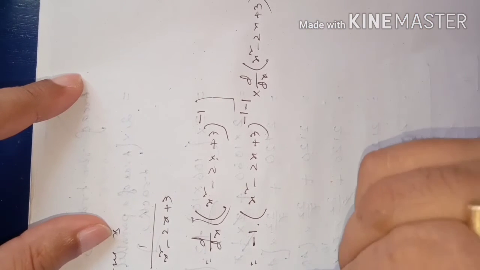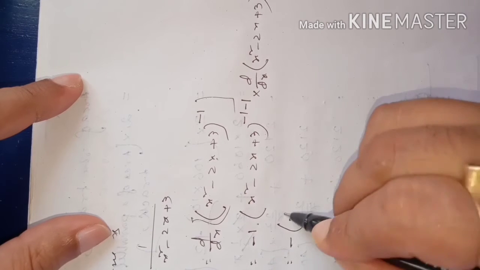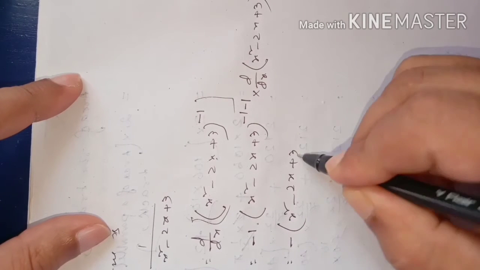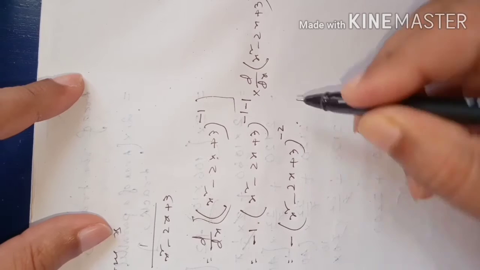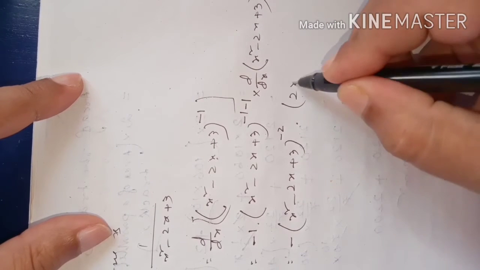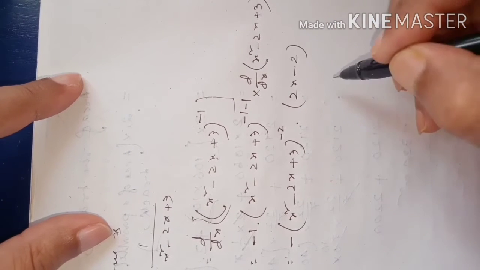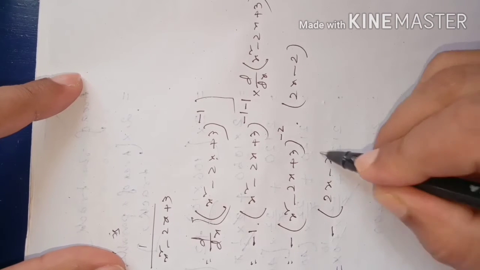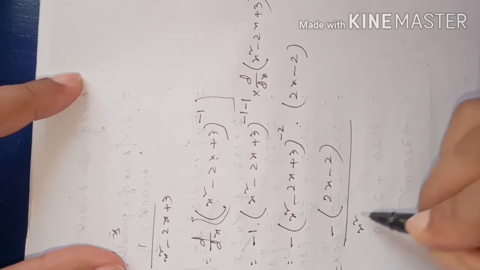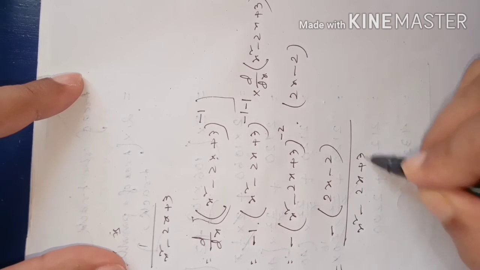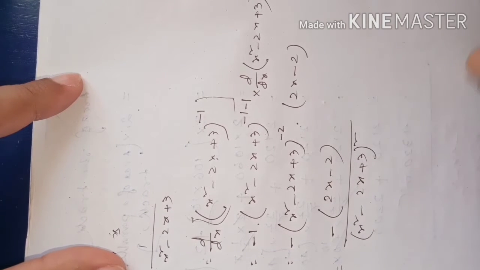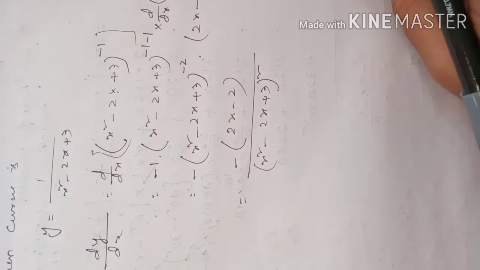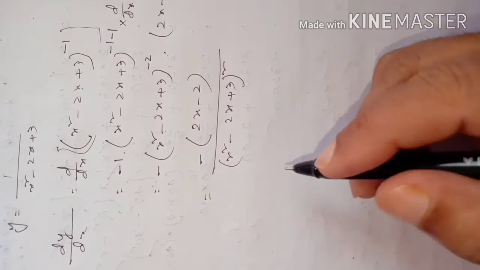So we get minus 1 into (x square minus twice x plus 3) to the power of minus 2 into (twice x minus 2). We can write it as minus (twice x minus 2) by (x square minus twice x plus 3) whole square.